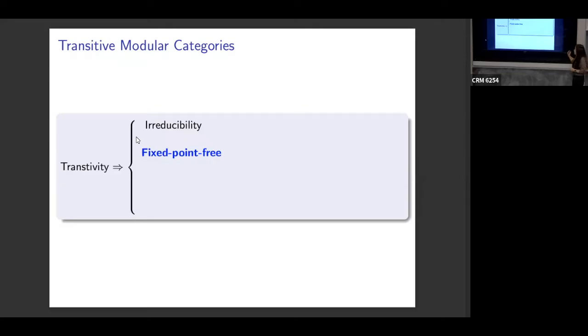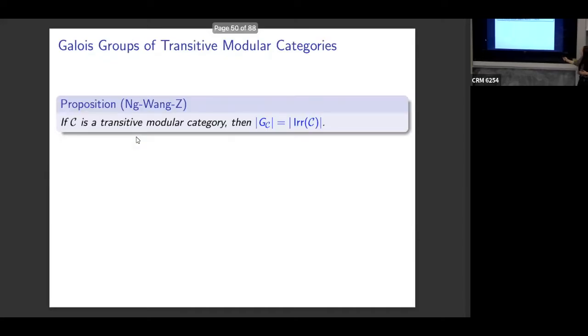Another important observation is that transitivity implies fixed point free. In particular, we have the following result. If the modular tensor category is transitive, then the order of the Galois group is the same as the rank of the category.